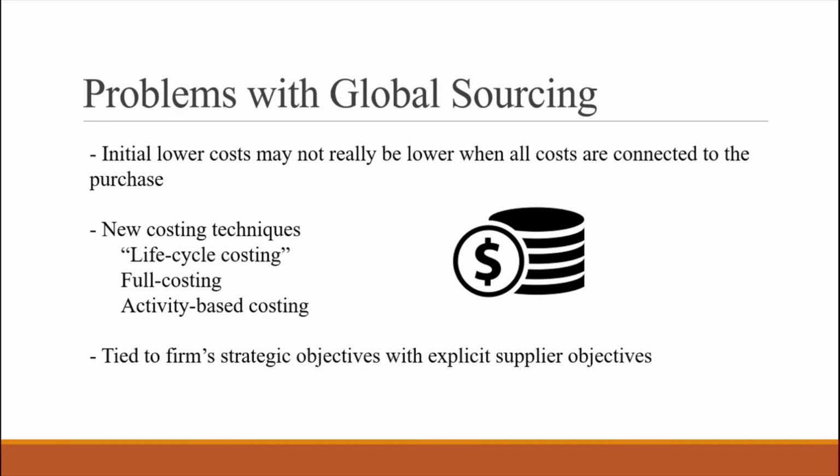Companies are also increasingly using full costing and activity-based costing systems. Companies now use these techniques to ensure that all the costs associated with foreign sources, for example transportation and insurance, are fully recognized when they make purchasing decisions.